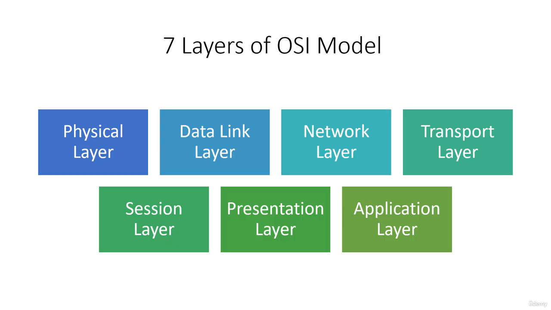It can include specifications such as voltage, pin layout, cabling, and radio frequencies. At the physical layer, one might find physical resources such as network hubs, cabling, repeaters, network adapters, or modems.